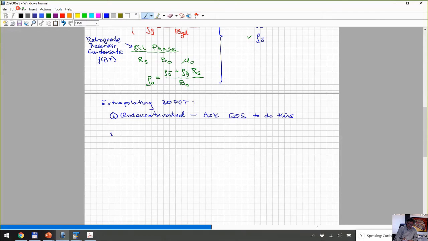For extrapolating saturated tables, you also would much rather ask the EOS to do this, but you have to tell it how.